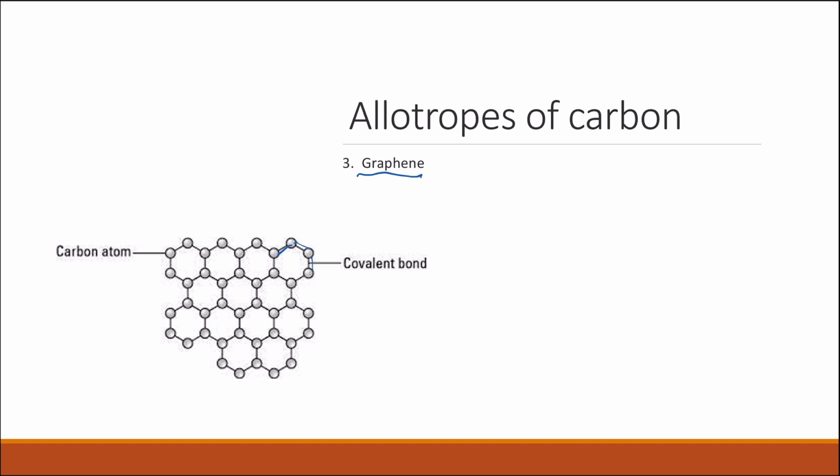However, because it's only one layer of carbon atoms, it's very light. So it can be added to composite materials to improve the strength without adding much weight. So it's very strong and very light.